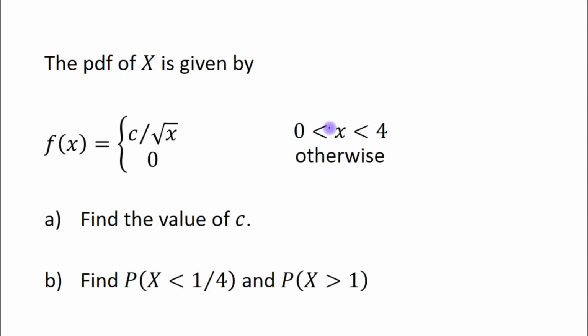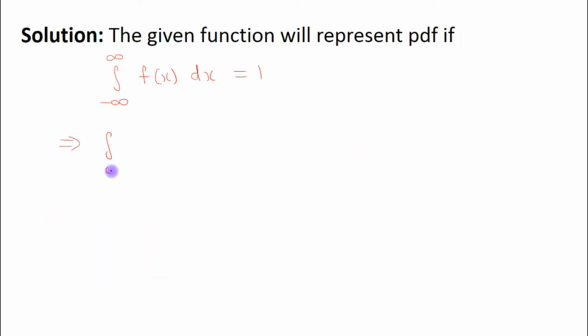Limits have been given as 0 to 4 and the function was c by root x. So we will write the integration from 0 to 4 of c upon root x dx equals 1.